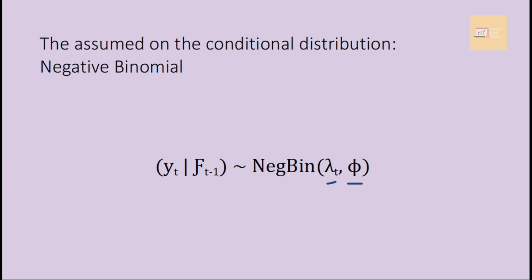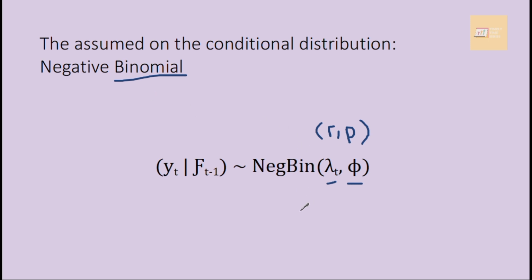Now, we might be more familiar with the parameterization of negative binomial as R and P. R denotes the number of successes, and P denotes the probability of success at each trial. Because negative binomial is really related to binomial distribution, like Bernoulli trial, binomial distribution and such.